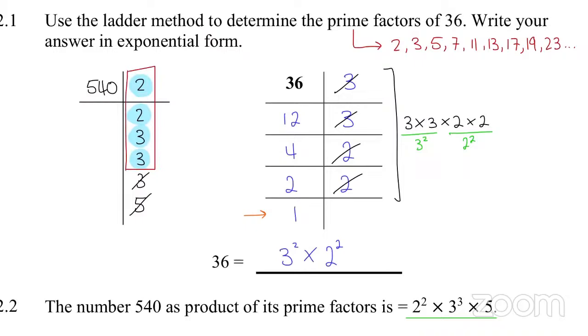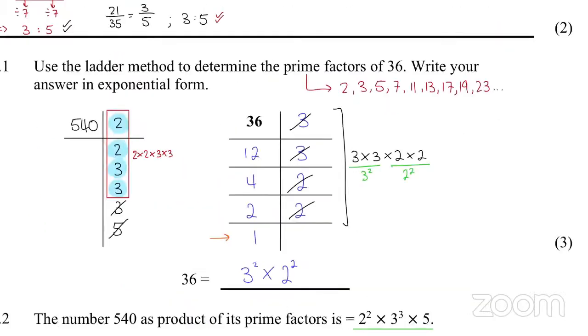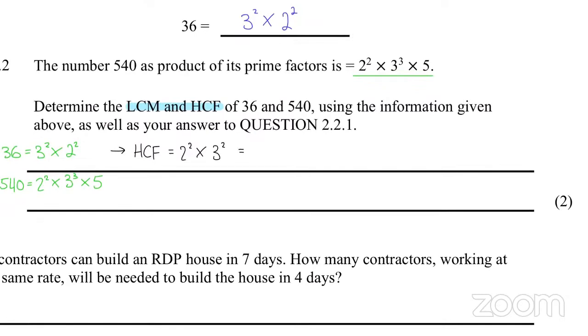It is the highlighted factors on one side, in one of the factor sets. So it basically becomes 2 times 2 times 3 times 3, which in that case, the HCF is going to be 2 squared times 3 squared. 2 squared is 4, 3 squared is 9.